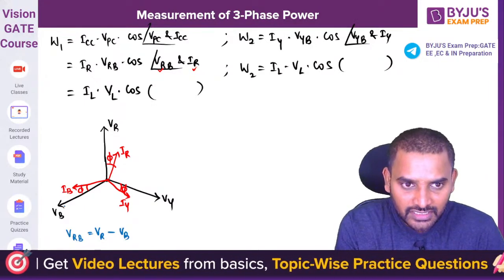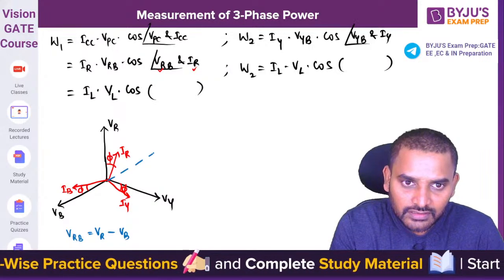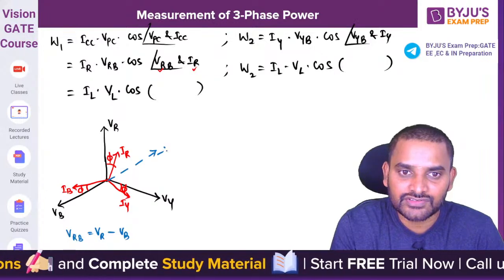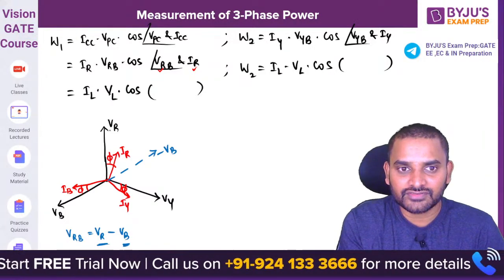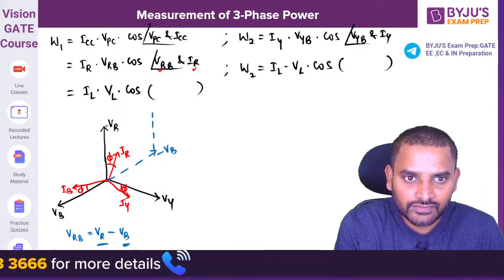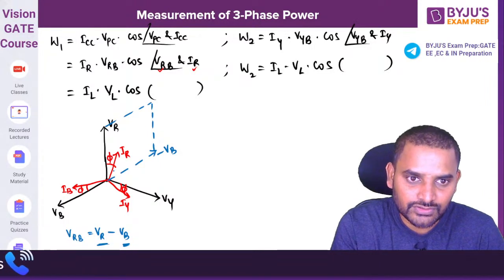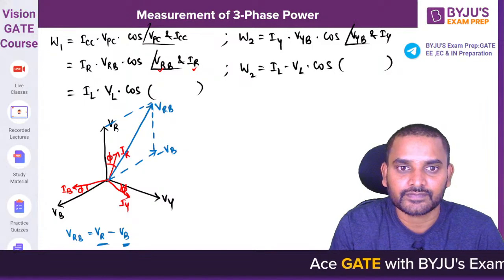So VR is here and VB is here. Let me take minus VB here, because we now want VR minus VB. So VR is here, minus VB is here. The resultant of these two is going to be VRB.